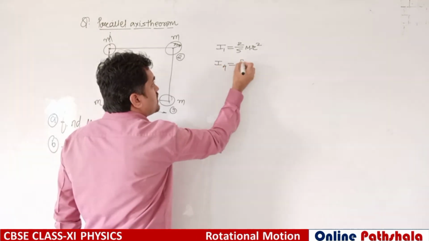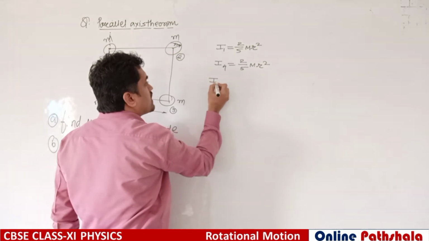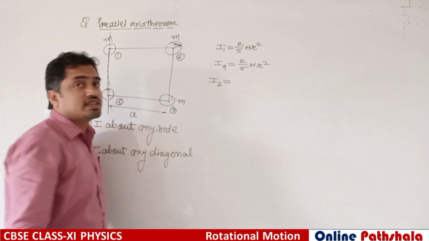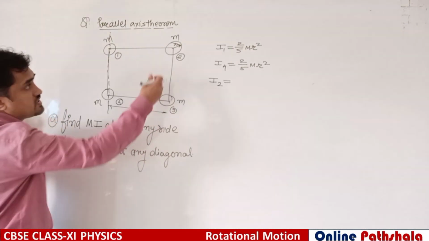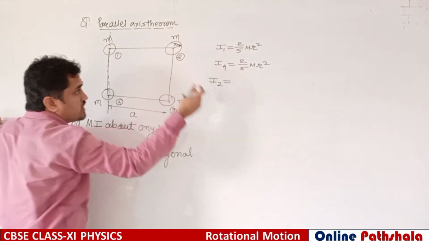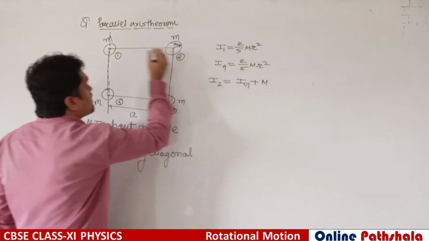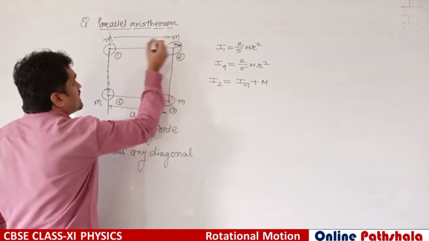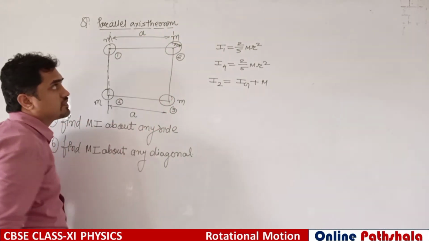I4 also we can write as 2 by 5 mr square. But what about I2? In this case, we have to use the parallel axis theorem. The moment of inertia about the centroidal axis of I2 is Ig plus m times the parallel distance, sorry, it is a.